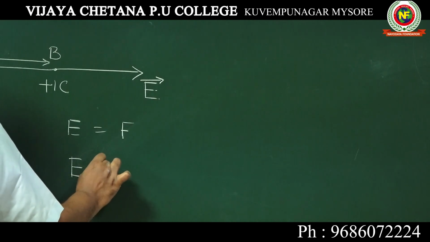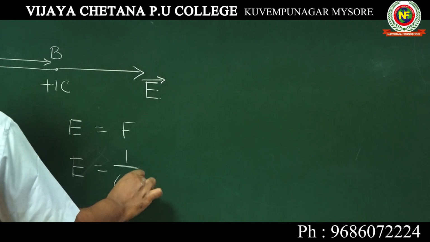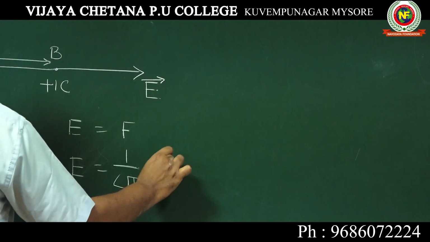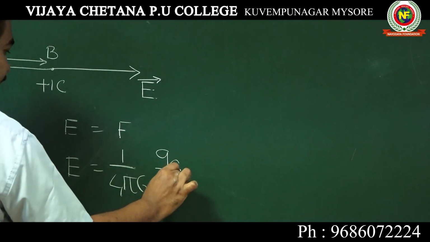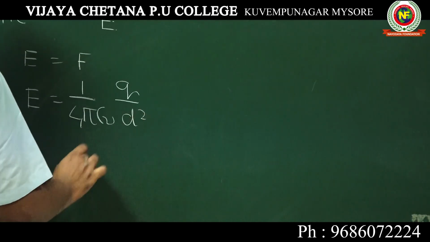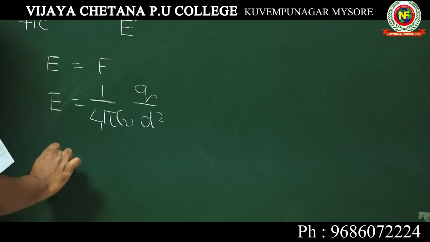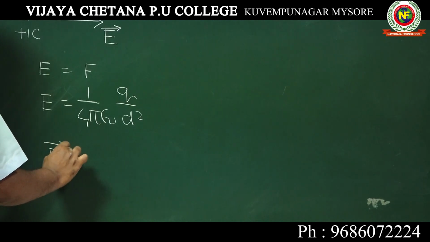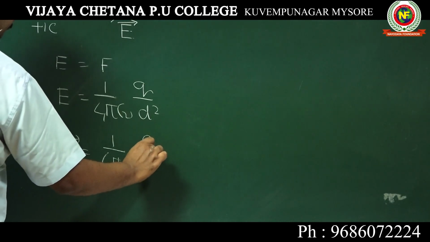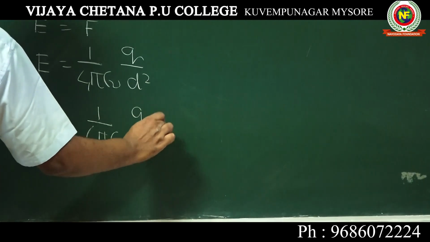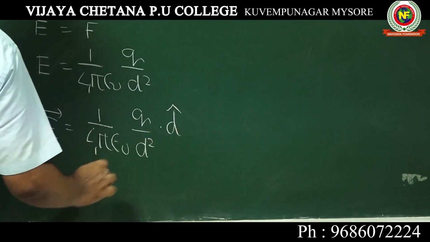How do we calculate force? 1 by 4 pi epsilon naught, product of charges. Product of charges means what? Q into 1, which is simply Q, divided by distance square. So vectorially I write electric intensity as 1 by 4 pi epsilon naught Q by d square into d cap.